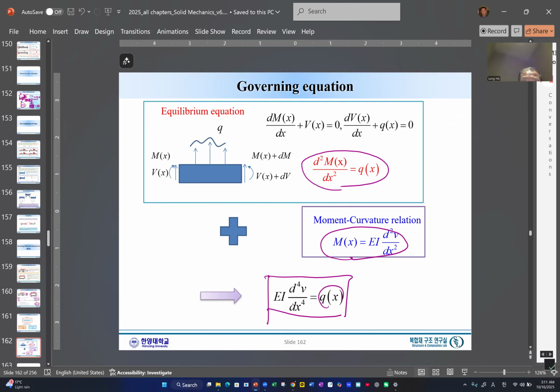What is that? Q is, in general, a certain distributed load. This is what we call the distributed load, and this is the deflection. This will have a deflection. This is the V, and V will be obtained by solving this first order ordinary differential equation.